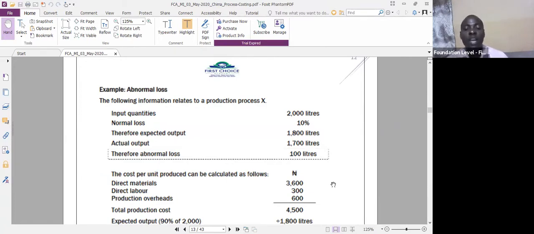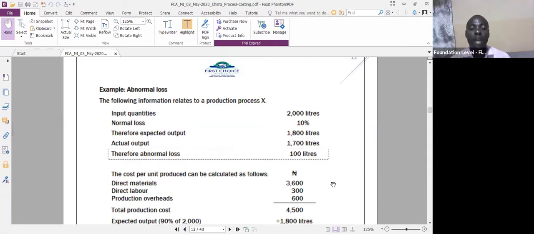That means your expected output is supposed to be 1,800. But lo and behold, your actual became 1,700. What went wrong? What happened to the 100 that is not accounted for? So that's the essence of taking abnormal loss as part of the good production.